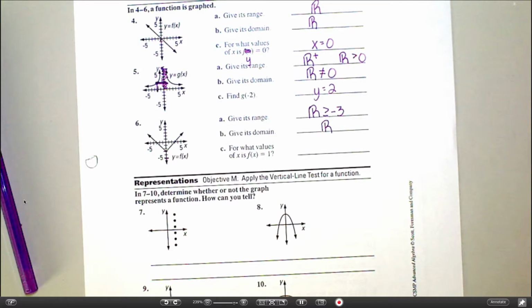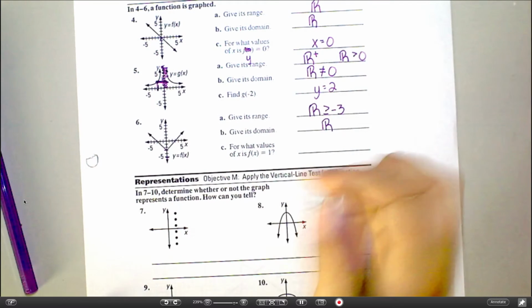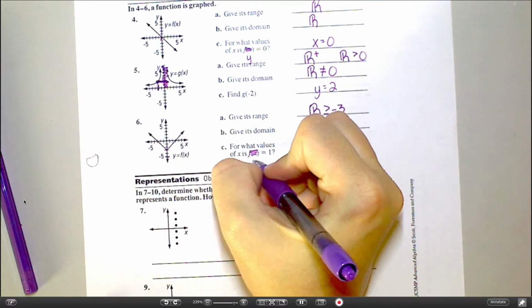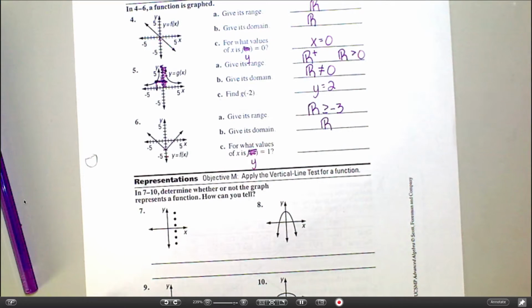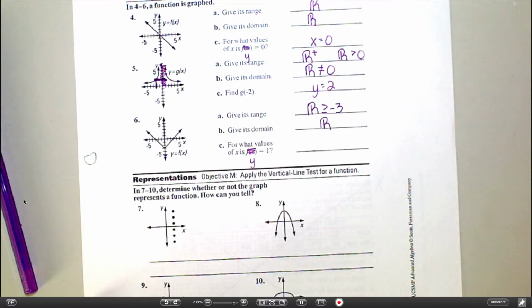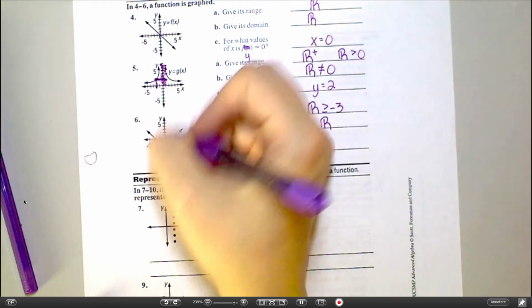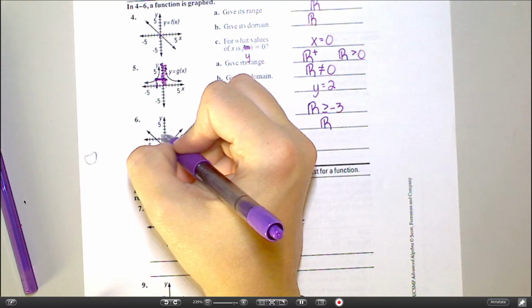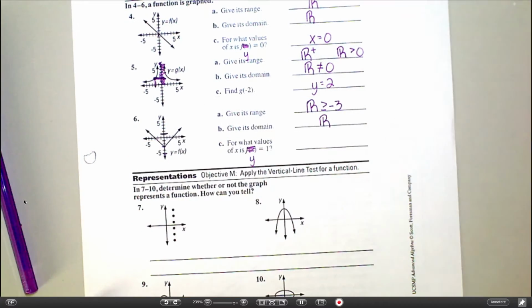Alright, so for part C, I'm asking you for what values of x is y equal to 1? When is your y value equal to 1? Anybody have one? Well, here's where y equals 1, right?